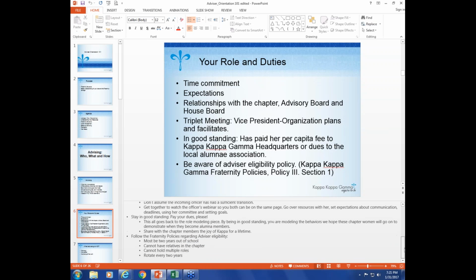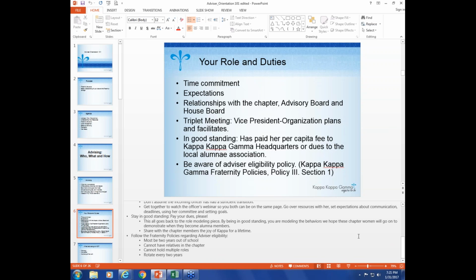And the advisor eligibility is outlined in the fraternity policies. And just so that you remember, you must have been 2 years out of school. You cannot have a relative in the chapter that's a daughter, a granddaughter, a sister, probably not a niece or a cousin.